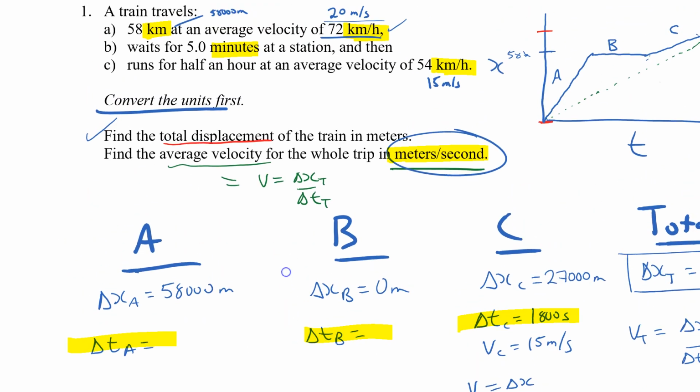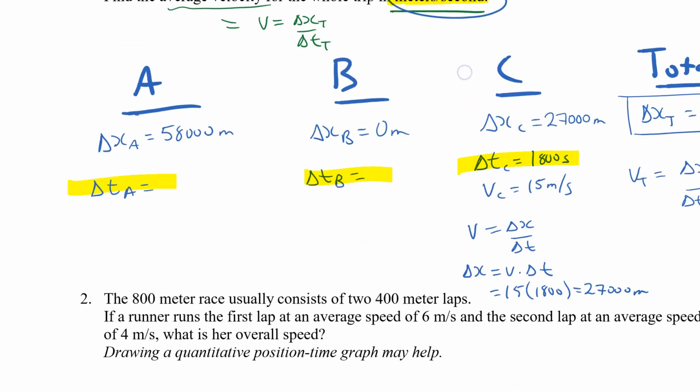Okay, so information for A was it went 58,000 meters at 20 meters per second. So again, we're going to have to get out our definition here. But we want to solve for delta t. This is a little bit tricky. So really it's a two-step process. We could say I'm going to multiply both sides by delta t.